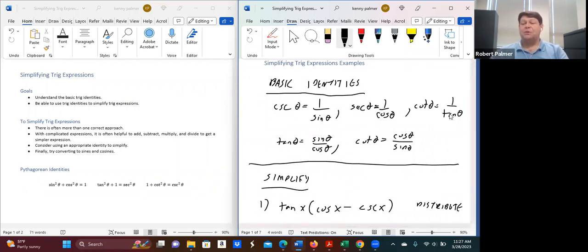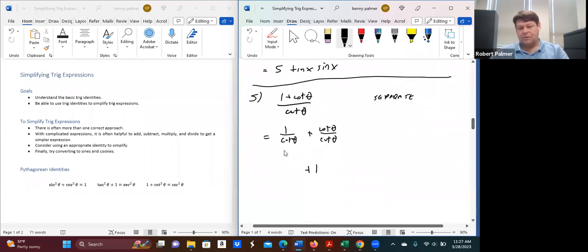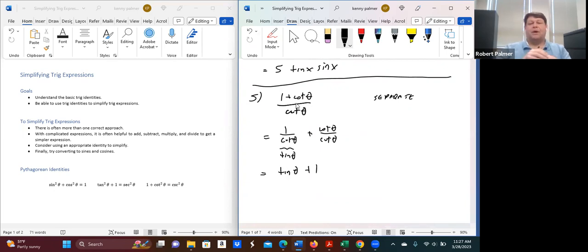They're reciprocals of each other, so tangent is 1 over cotangent. And so this is just the tangent of theta. And so this whole thing is just the tangent of theta plus 1. Okay? And that's a much easier expression to work with than that.